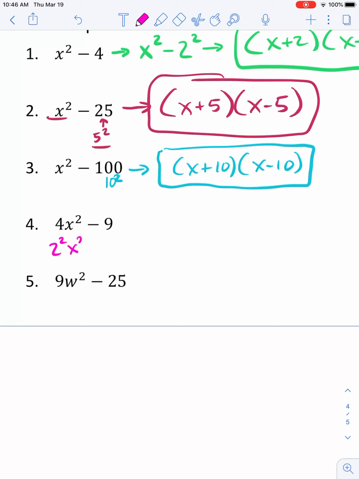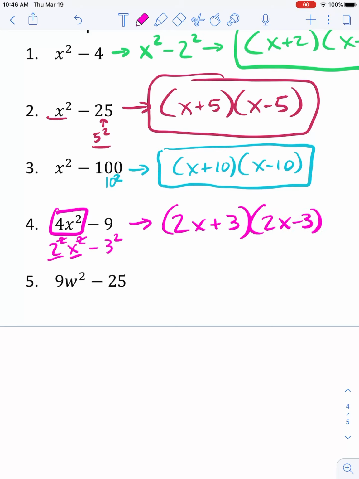So this is 2 squared x squared minus, and then 9 is really 3 squared. So we can square root both. The square root of 4x squared is, get rid of the squares on each of these, 2x. And the square root of 9 is 3. So we're going to have 2x plus 3 times 2x minus 3.